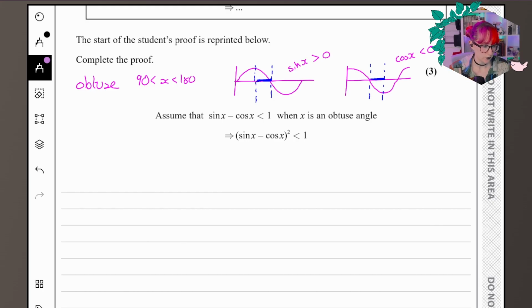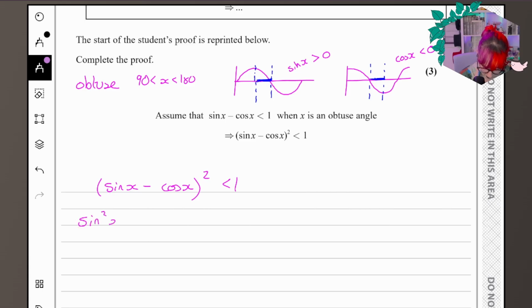So what we can do is expand this out. Basically we're trying to show that because of these two rules, because it's an obtuse angle, this can't possibly be less than 1. Let's see what happens. Therefore, (sin x minus cos x) all squared is less than 1. I'm going to write out their line again and then expand it.